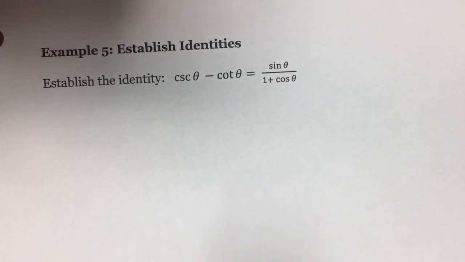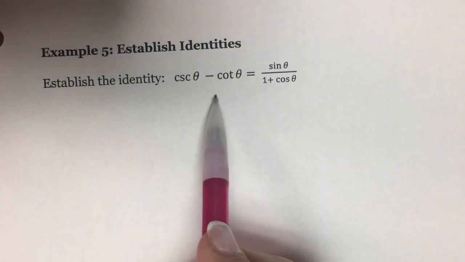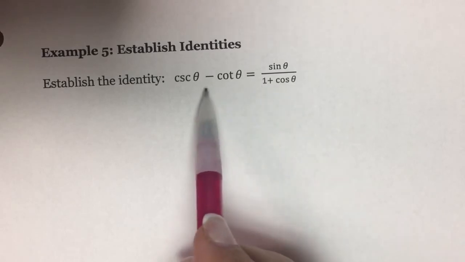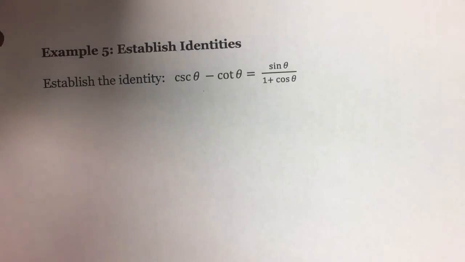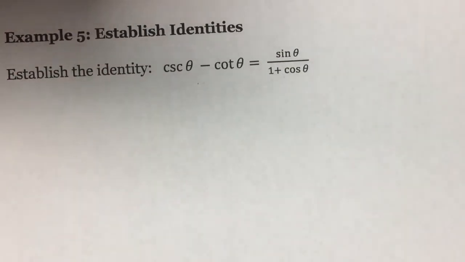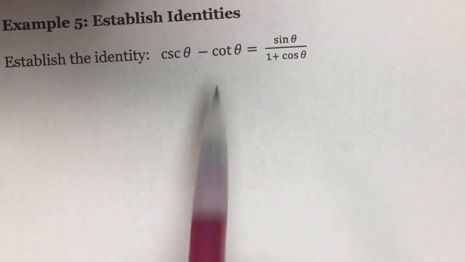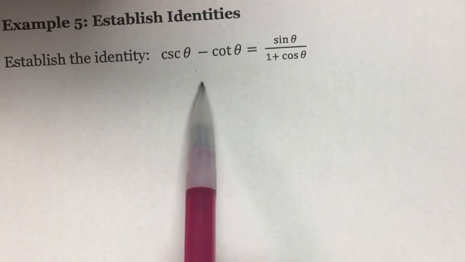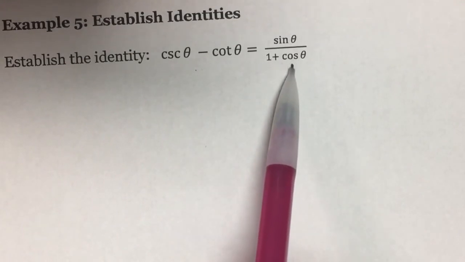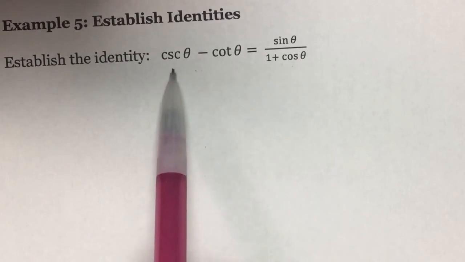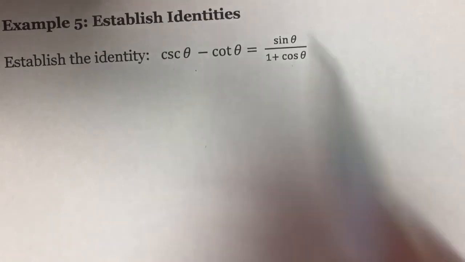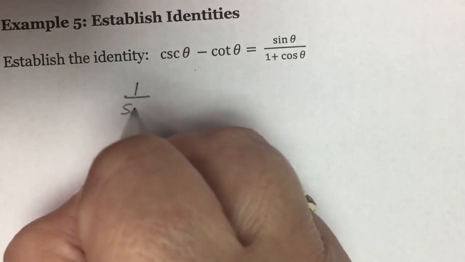All right, so we're going to establish this identity. Again, we could choose to work on the right-hand side or the left-hand side. It looks to me like there's a little bit more we can do to the left-hand side, so I'm going to choose to work on the left-hand side. I'm just going to keep working on it until it looks like the right-hand side. So I look at cosecant theta, and I'm going to make it 1 over sine theta.